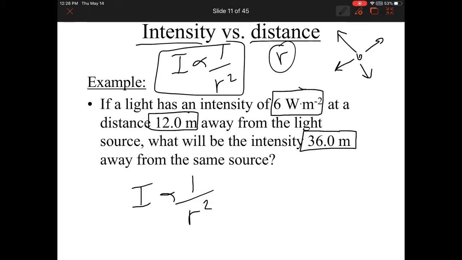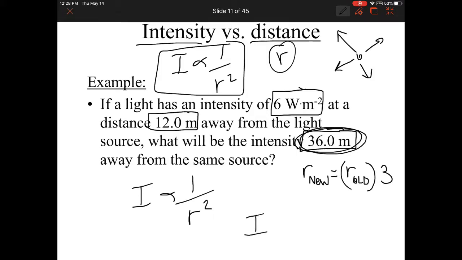My radius has actually tripled. So we could say that my new radius is equal to my old radius times 3.